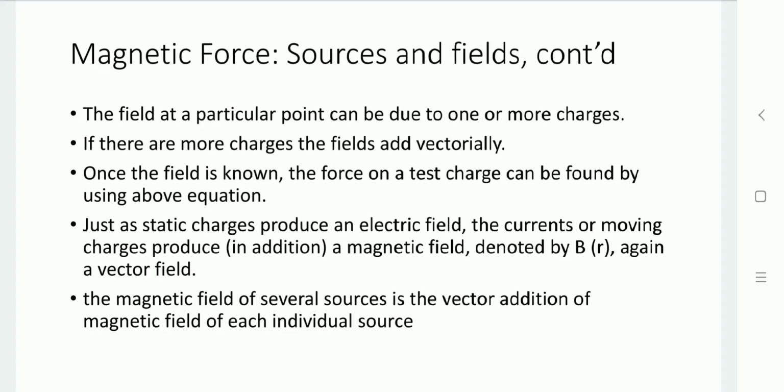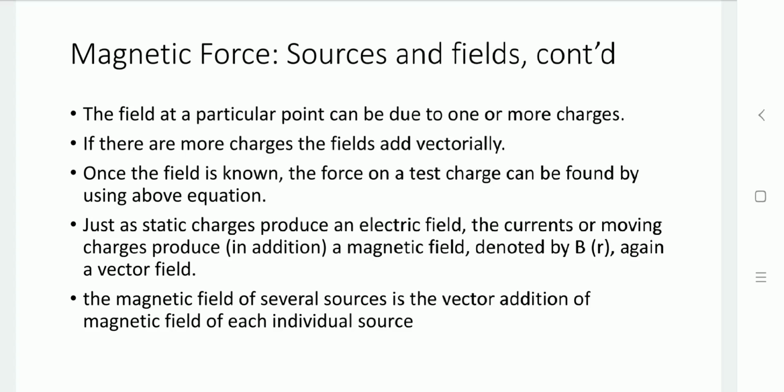Now, as static charges produce an electric field, moving charges produce a magnetic field. As I already explained, either current or moving charges can produce a magnetic field. While the charge is static, only an electric field is there, but while the charge is moving, along with the electric field a magnetic field effect is also present.